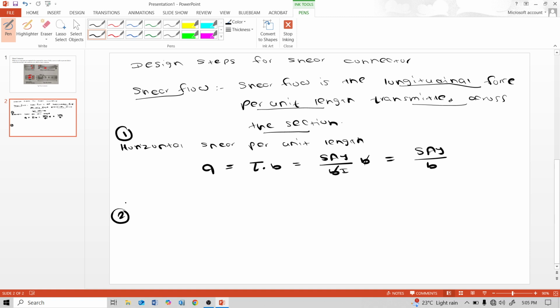Second step is shear force at each connector. The formula for shear force at each connector is equal to horizontal force multiplied by spacing or pitch.